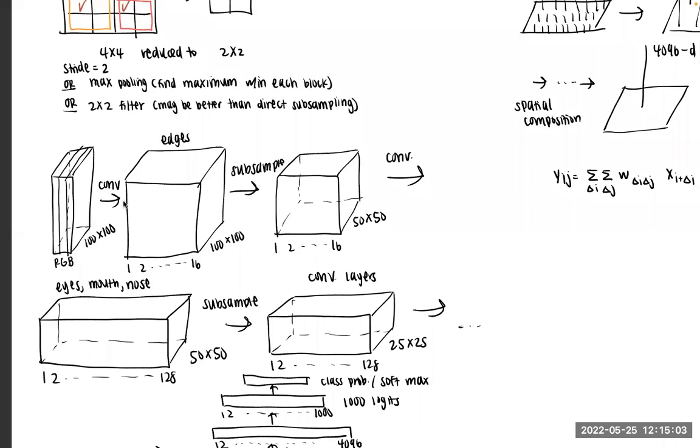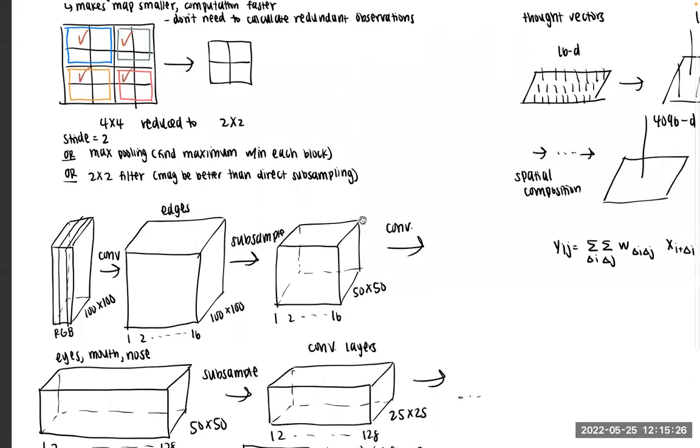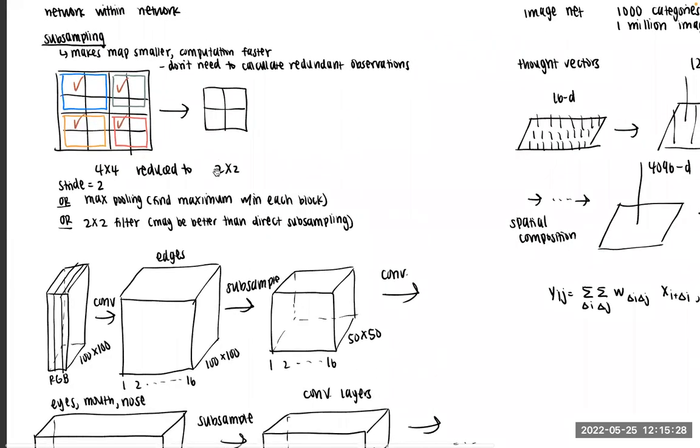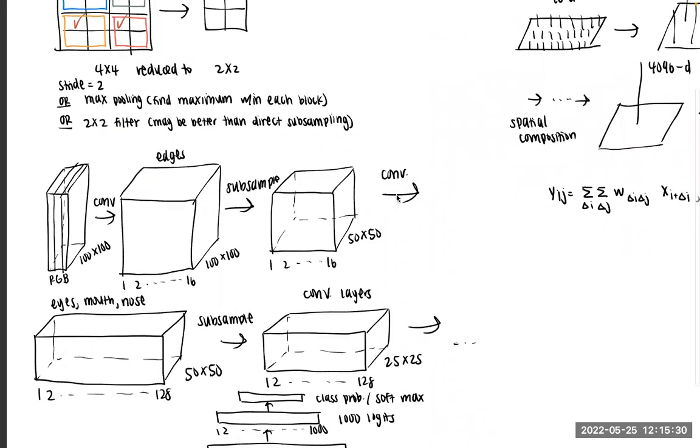Then we perform the convolution. We may have, for example, 16 channels and still 100 by 100, with spatial composition plus bias plus ReLU. So we get this layer, and then we perform subsample to make it 50 by 50, like what we do here. And then we continue to do the convolution.